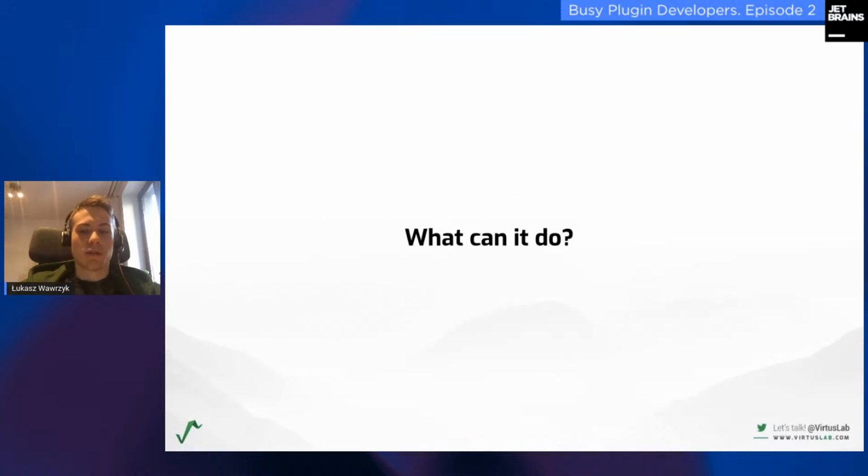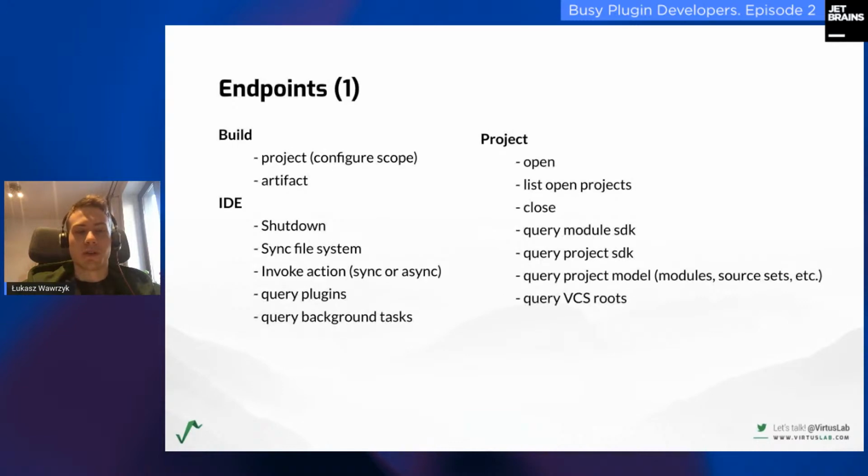And let's look at what it can do currently. First, I'll show you the endpoints that we have so far. We can build a project in any scope you configure, build an artifact, you can kill the IDE, you can refresh the file system, you can invoke any actions, you can list what plugins are installed, you can list background tasks, you can open a project, close it, list what's open, query the metadata about the project.